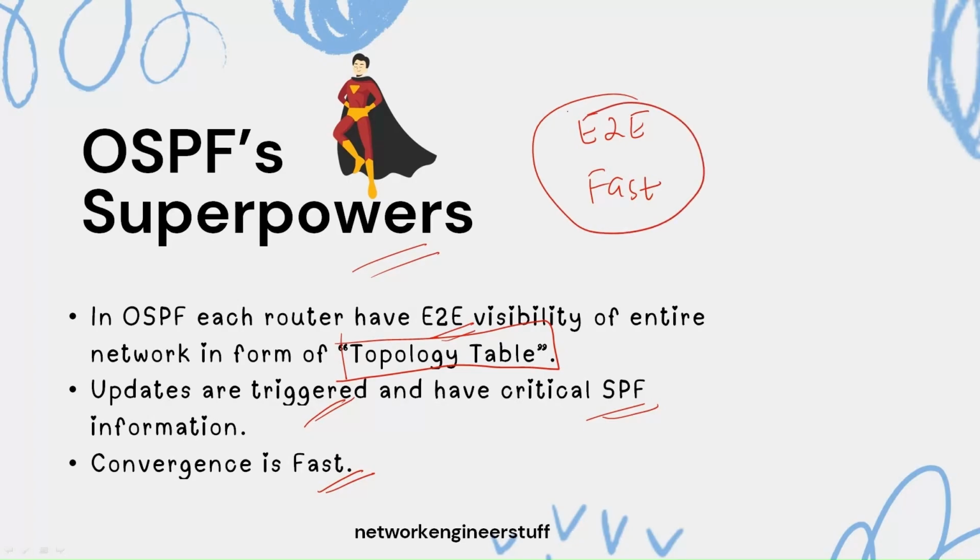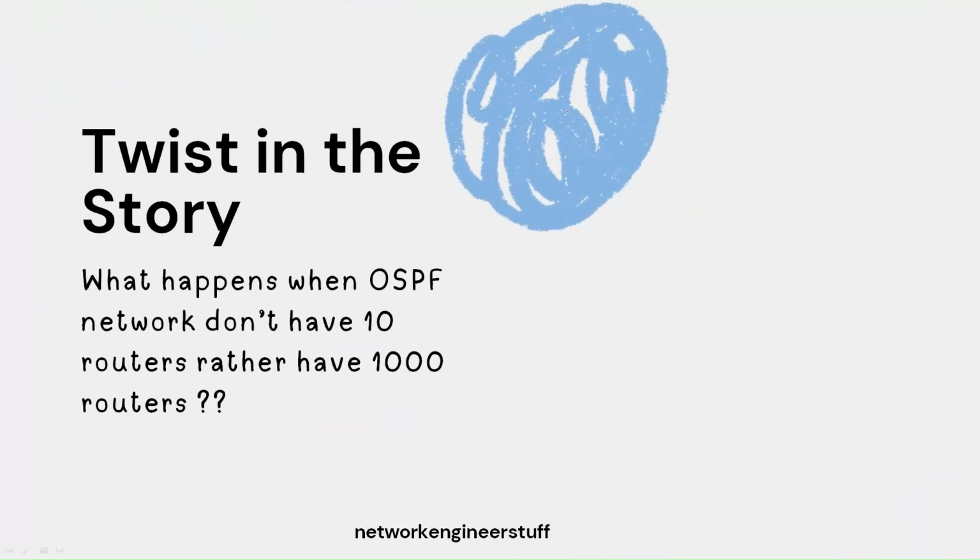Now this looks good on paper. These OSPF features appear to be its strength and it must work perfectly, right? But guys, there's a twist in the story. These features, the end-to-end visibility and the fast convergence, will work fine if we have a small number of routers in the OSPF domain.